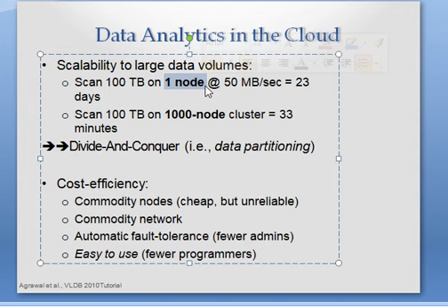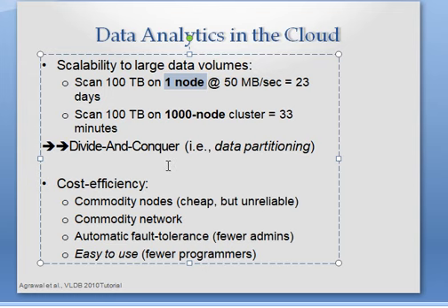If I have 100 nodes, which we can order from Amazon, we can process the same data within half an hour. This makes a huge difference in how we process our data: not just on an individual machine, but using the cloud.